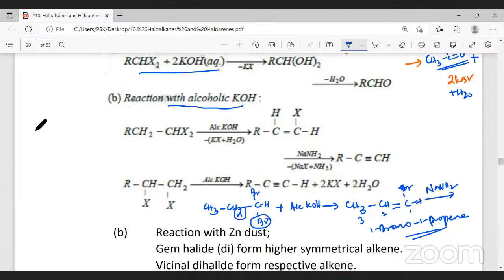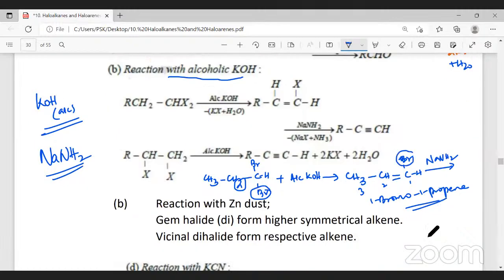See, alcoholic potassium hydroxide is a dehydrohalogenating agent, no doubt about it. But the stronger dehydrohalogenating agent is soda amide. Hydrogen also gets eliminated. So what you will get here, you have a double bond, you have CH.